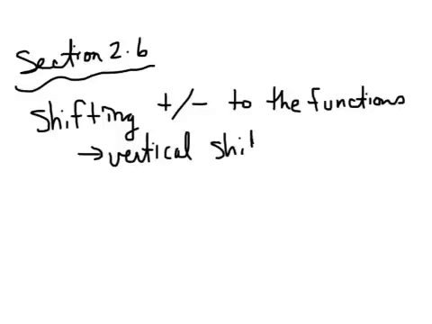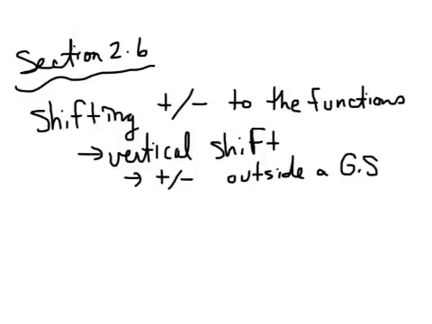Vertical shift happens when you add or subtract outside a grouping symbol. I abbreviate grouping symbol as GS. When we're talking about shifting it up or down, we're only looking outside the grouping symbol. Now, if you look at the equation and there is no grouping symbol, then it's understood to be outside.